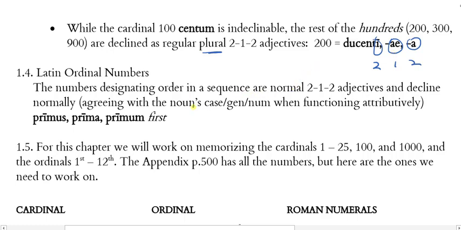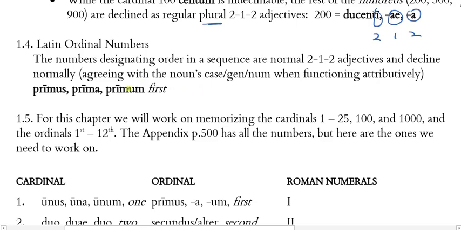Okay, let's take a look at the Latin ordinal number section here. The numbers designating order in a sequence are normal 212 adjectives, and so they're going to decline very normally. And that means that if I want to say the first man, for example, or the third woman, these words that are ordinals, first and third, are going to agree with the nouns in case, gender, and number if they're functioning attributively.